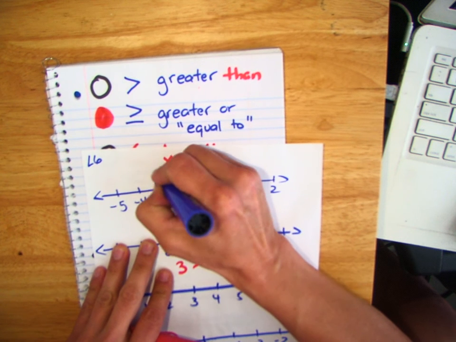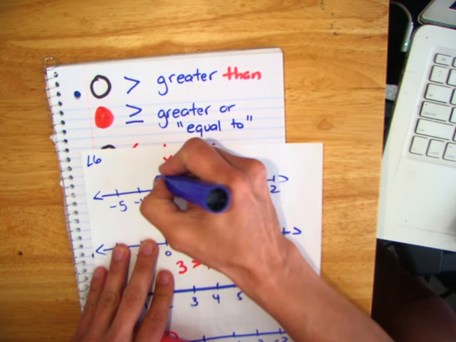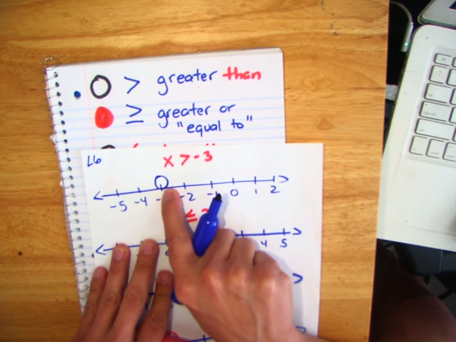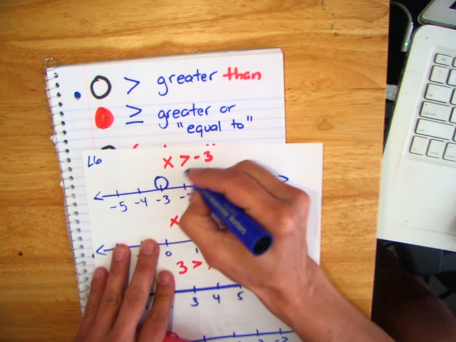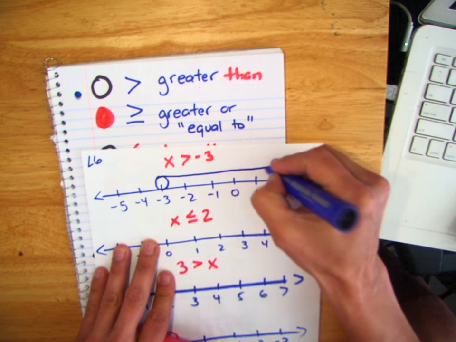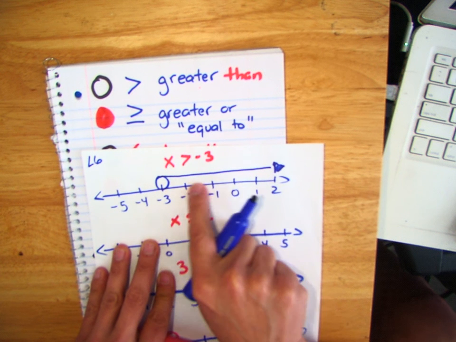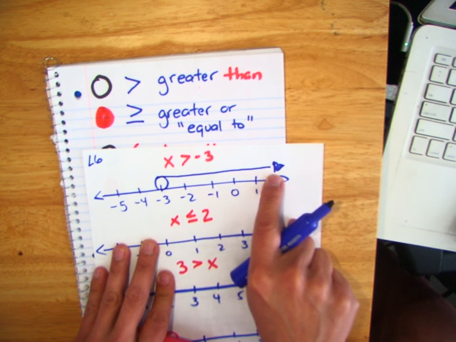I'm going to circle it, and it's going to go to the right. Am I going to shade it in? No. Why not? Because there's no line underneath, like right here. So I want any number that is greater than -3.